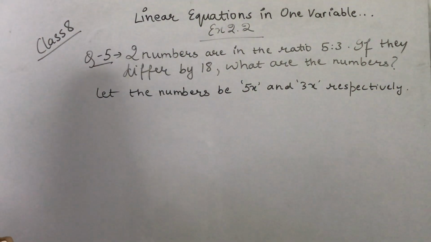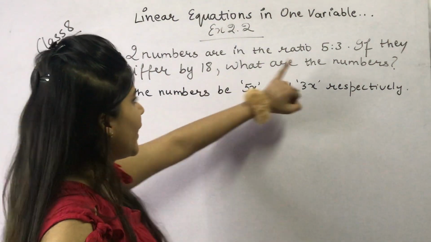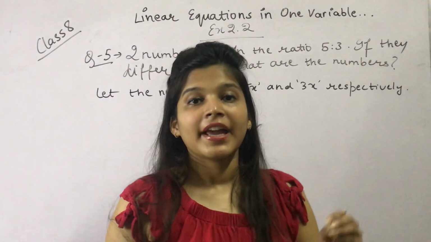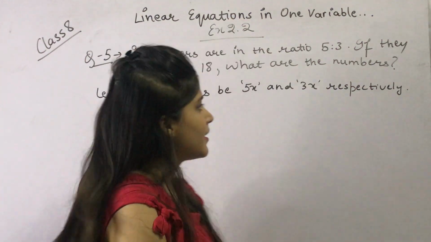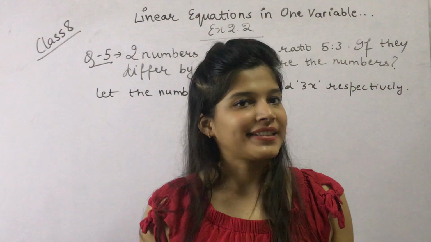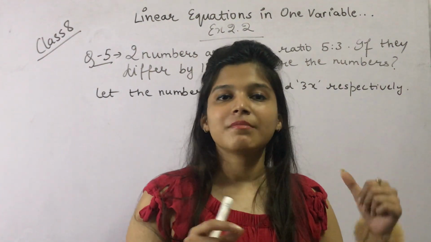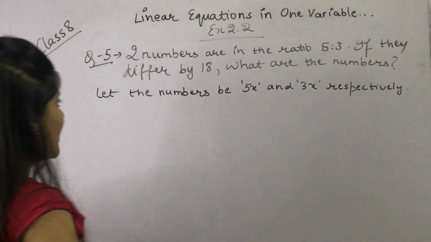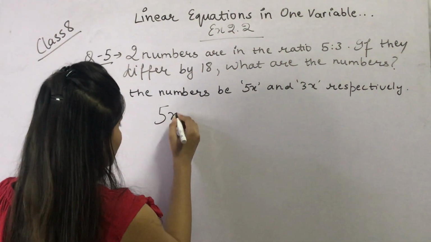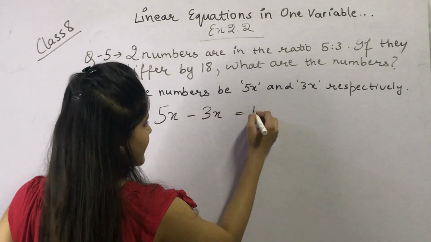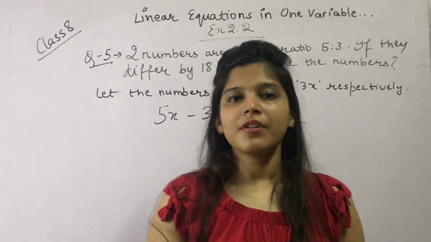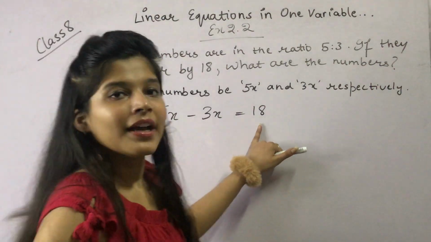Now the second statement is, if they differ by 18. If they differ by 18 means that the difference of these two is 18, so we have to find the numbers. Now from this statement our equation will be formed. The first number and the second number differ by 18, so our equation becomes 5x minus 3x equals 18.